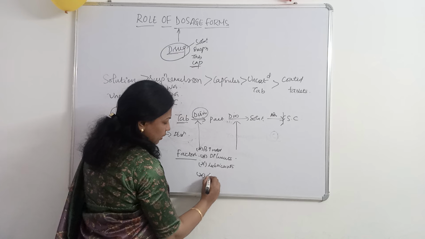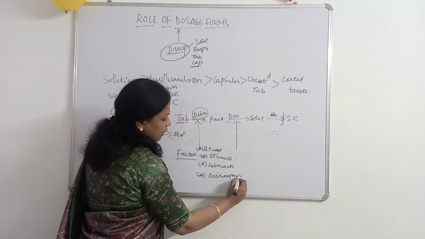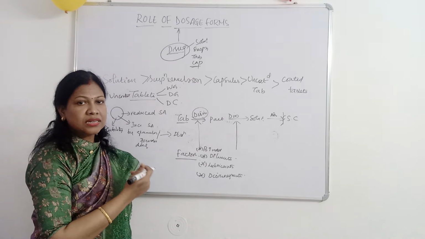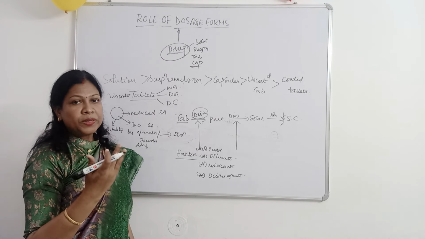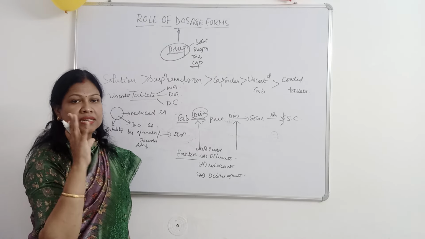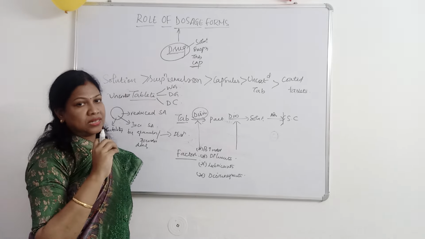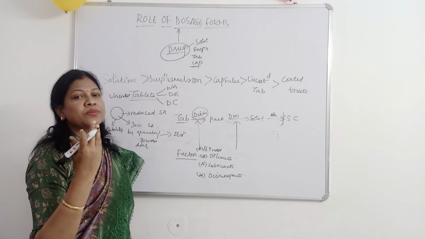Then of course the disintegrants, the type and the concentration. There are different types of disintegrants. Commonly used disintegrants are starch and polyvinylpyrrolidone. There are super disintegrants, which disintegrate within 1 or 2 minutes at low concentration, for example crospovidone, croscarmellose, and sodium starch glycolate.